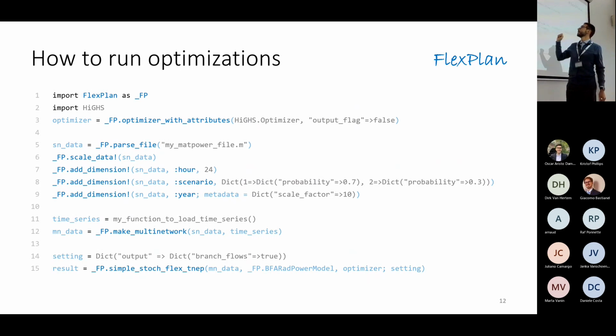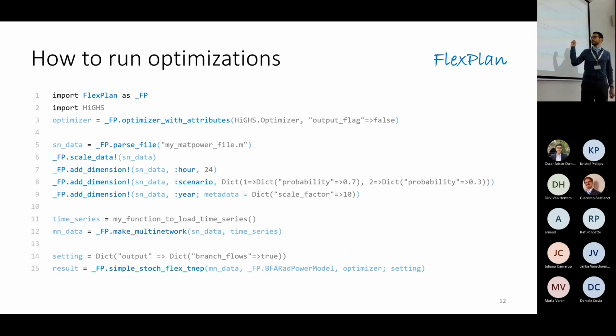The optimizer_with_attributes is a function of JuMP that is re-exported in FlexPlan, so it's not needed to import JuMP for this specific instruction. Then the data is built as just shown.